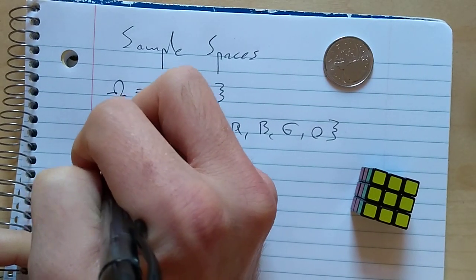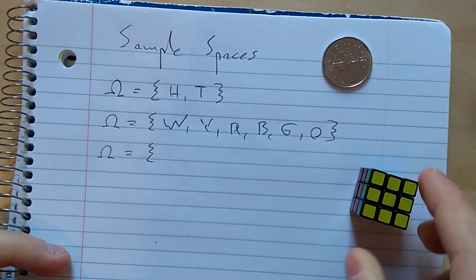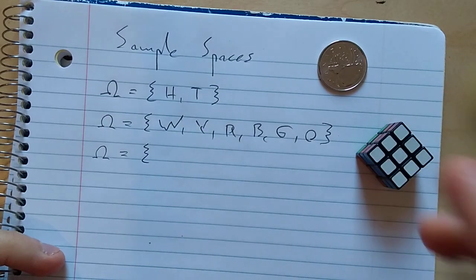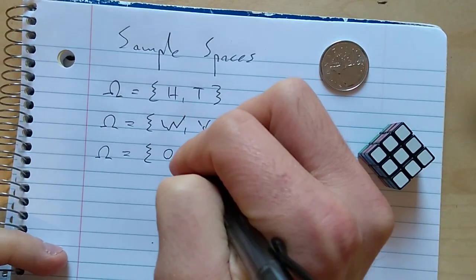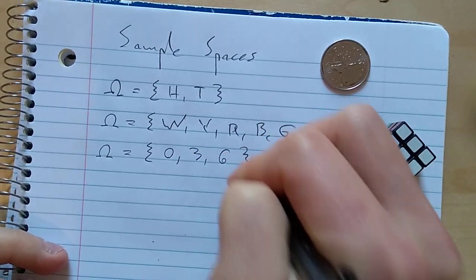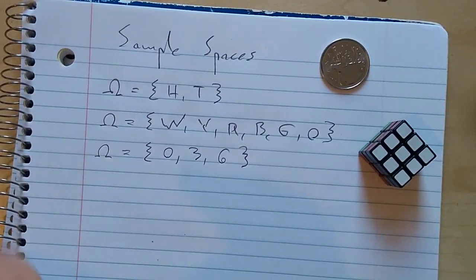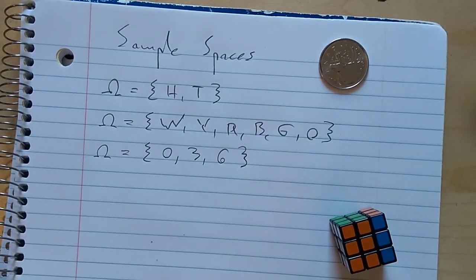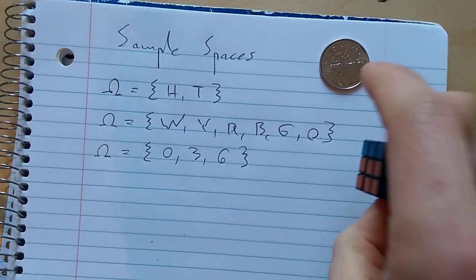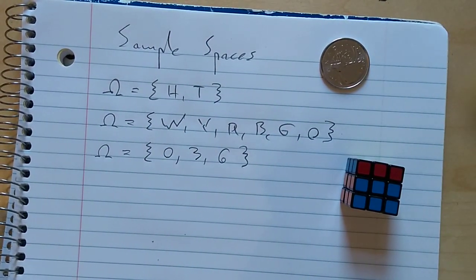So if what I'm counting is the number of orange squares that appear when I roll this thing, then I could have none, or I could have 3, or I could have 6. So there's a sample space for the experiment of rolling this thing, counting the number of orange squares you see. So that's a good one.